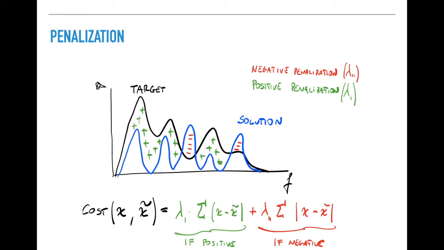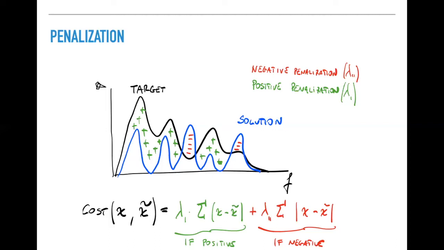So in the case in which the target is below the solution, I call it positive case. I just make the difference between the two, and I weigh this by a coefficient called positive penalization. And then when the solution overshoots the target, then I call it negative case. And so it's a factor called negative penalization. And I take the absolute value of the difference of these two. This is a very simplified version of the cost function. The real cost function is much more complicated because we have time into account, we have symbolic constraints and so on.